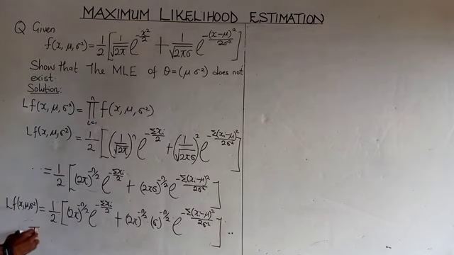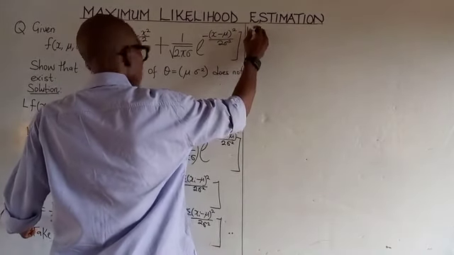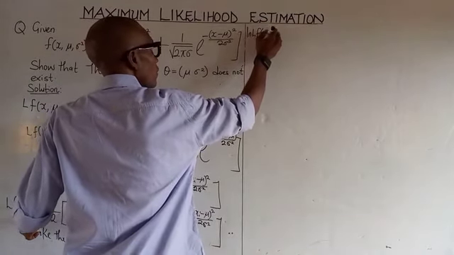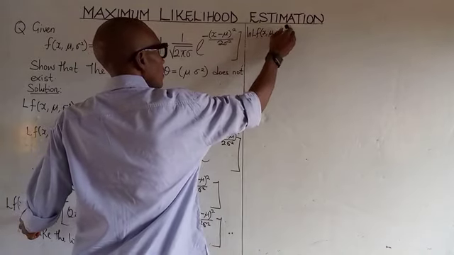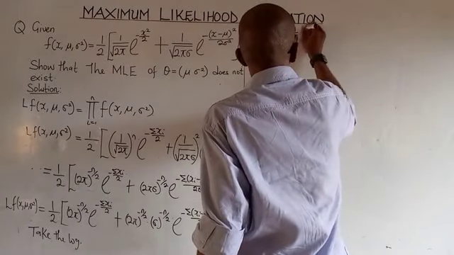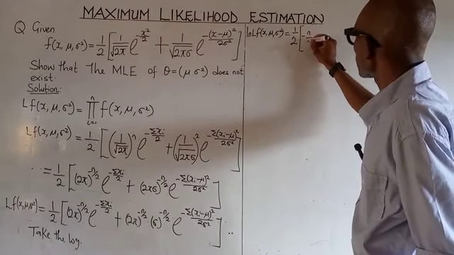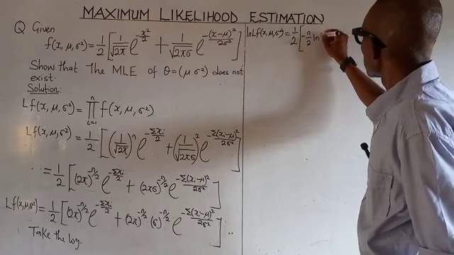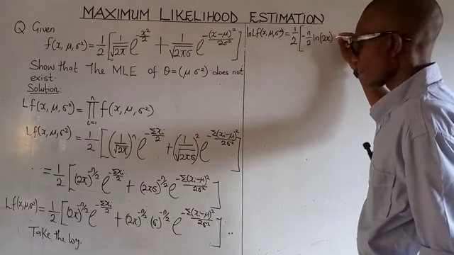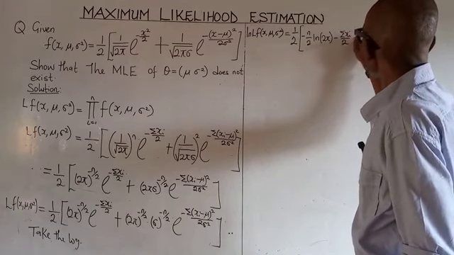We take the log. So in taking the log, we come over to this place. We say being f of x, mu, sigma squared. If we take the log of this, we'll have 1 all over 2. If we take the log of that, we'll have n all over 2 log 2 pi minus summation of xi all over 2.